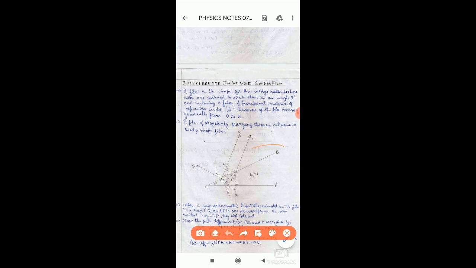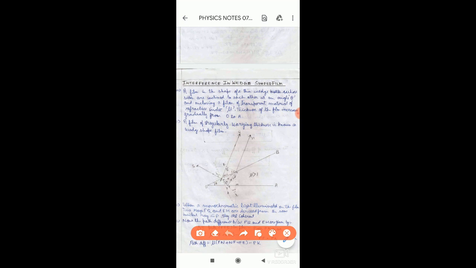It is very clear from the figure: the film thickness is regularly varying from the point of contact O to the end point A. A very important question, it can be asked in your section A for 1 mark.